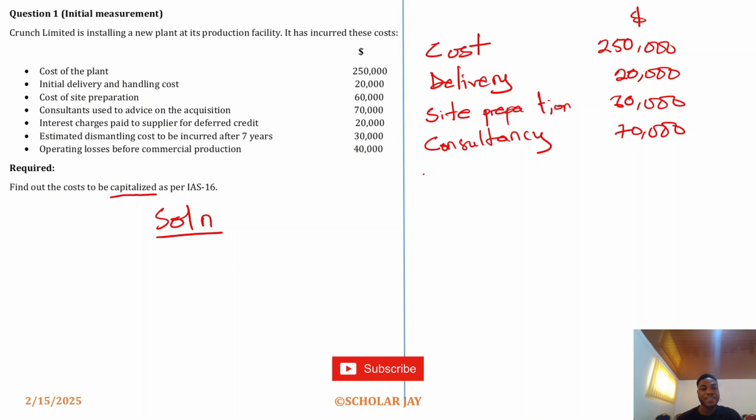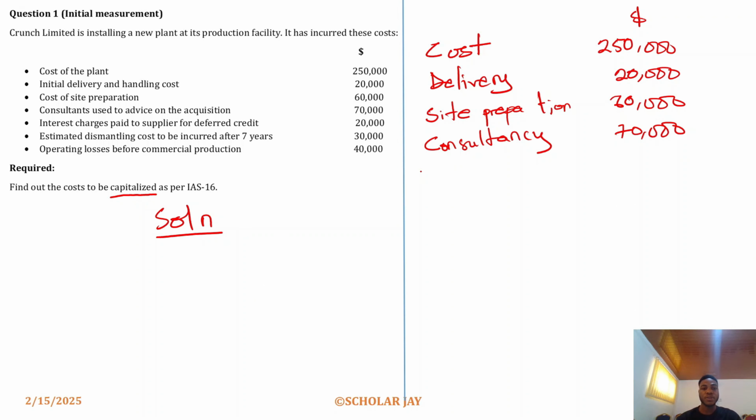Then estimated dismantling cost to be incurred after 7 years. As part of the cost of the asset, we mentioned removal cost. Is that not it? You used an asset on a particular land or at a particular place for 7 years, but after you finish using it, you have to take it back. There are instances where some assets, after using them, destroy the land, and you have to incur some cost to restore the land to its original state.